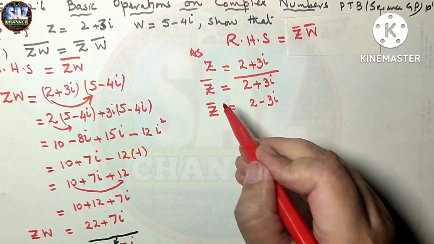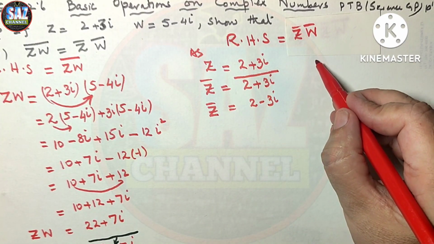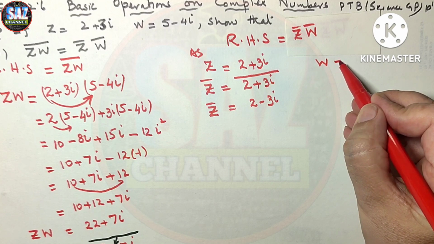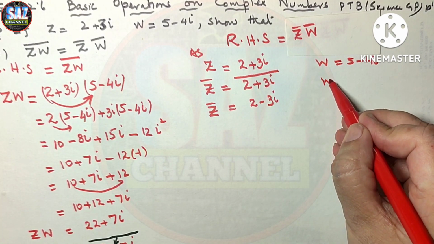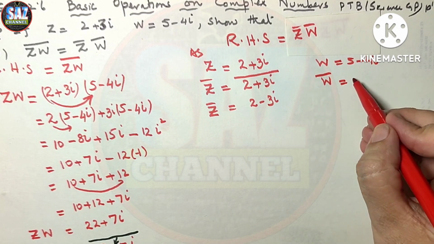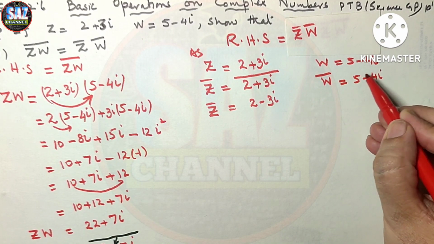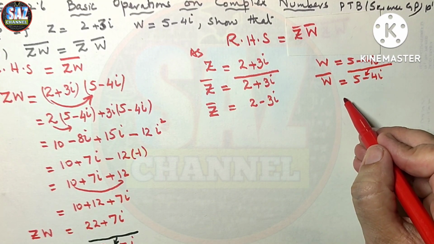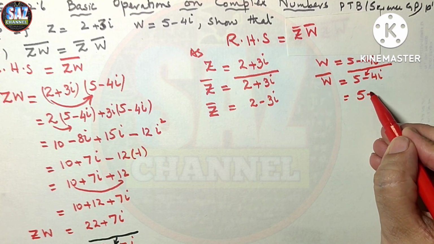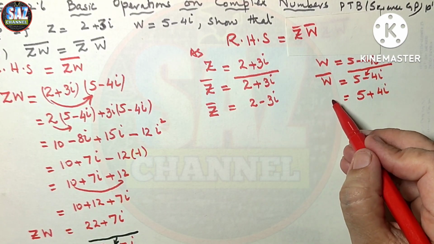Let me compute my W bar at this place. W is 5 minus 4 iota. W bar will be (5 minus 4 iota) whole bar, and the bar will change the sign over here, and this will become 5 plus 4 iota.